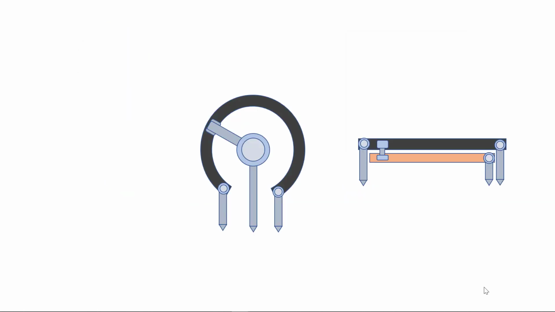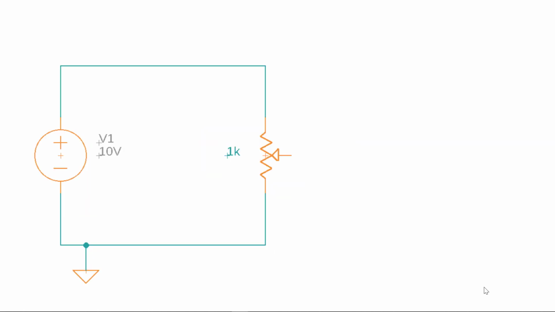The symbol for a variable resistor, also called a potentiometer, or pot for short, consists of the resistor symbol and an arrow that represents the wiper. Terminals 1 and 3 correspond to the ends of the resistance, and terminal 2 corresponds to the wiper connection. As stated earlier, potentiometers are used to divide up voltage. Imagine the wiper of this potentiometer is exactly in the middle.